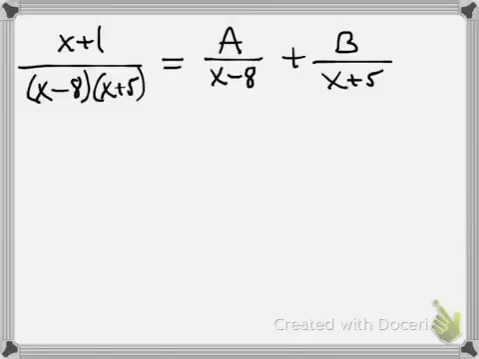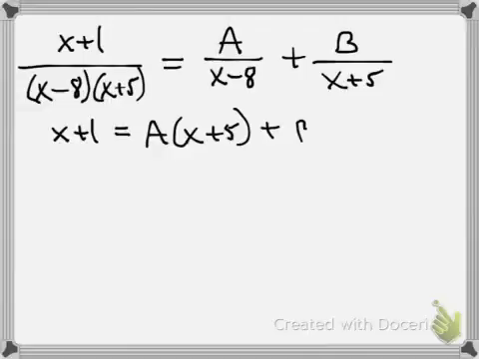Now from here we just need to find the values of A and B. And so to do that, we're going to clear the fractions here. If you multiply both sides by the denominators, you're going to get x plus 1 over here, and then you'll have A times the quantity x plus 5 plus B times the quantity x minus 8.